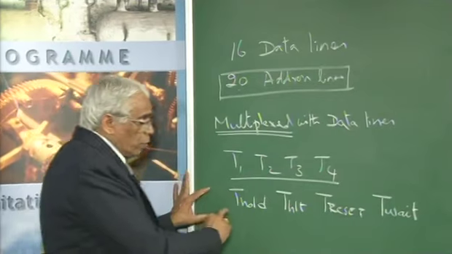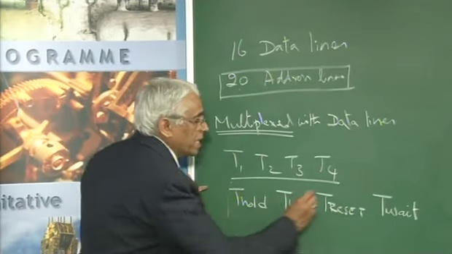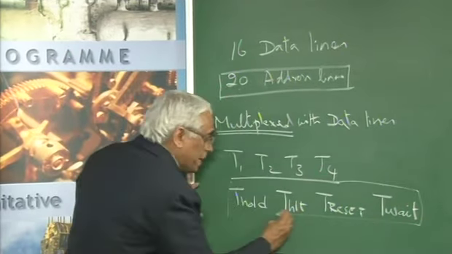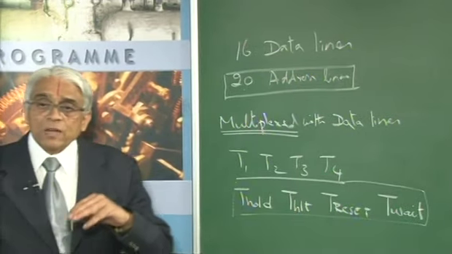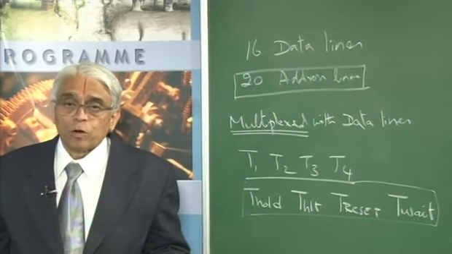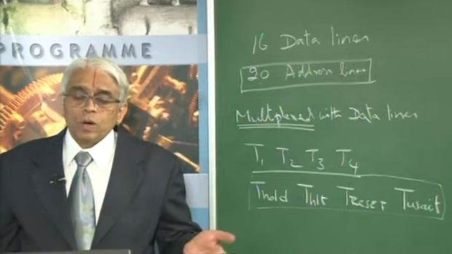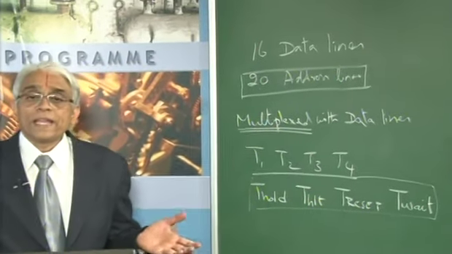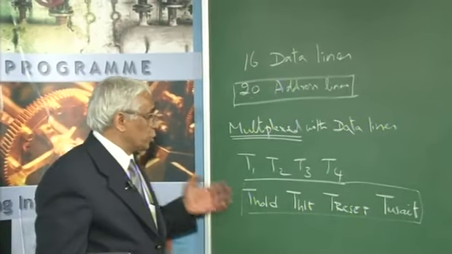Let us not bother about these states for the time being, because they work on integral multiple clock periods. When I say it works on integral multiple clock periods, it can be 2 or 10 or 20, based on the situation.